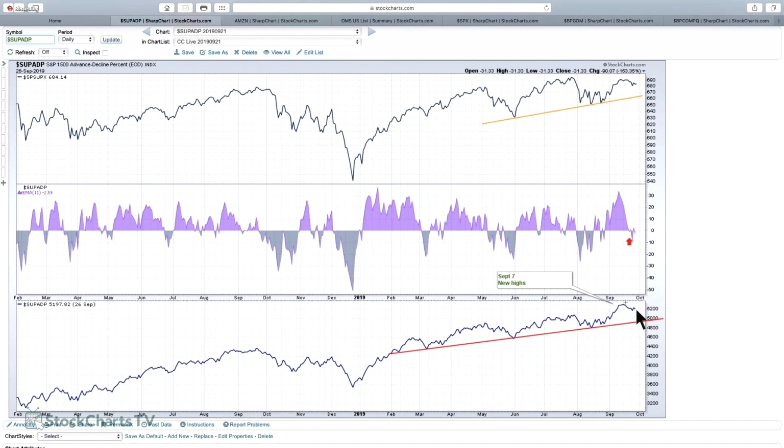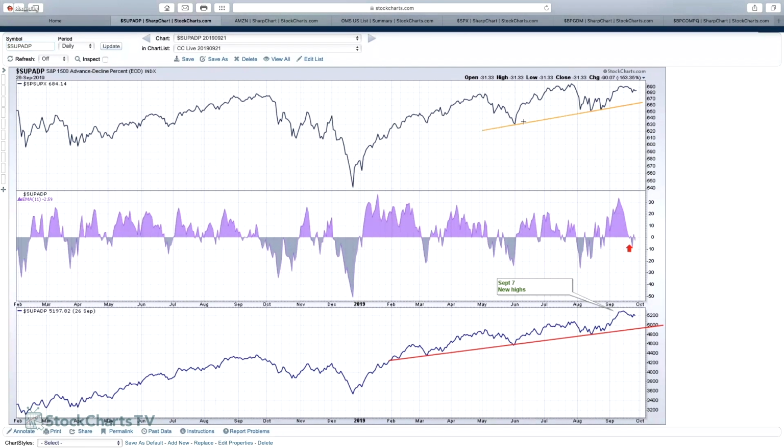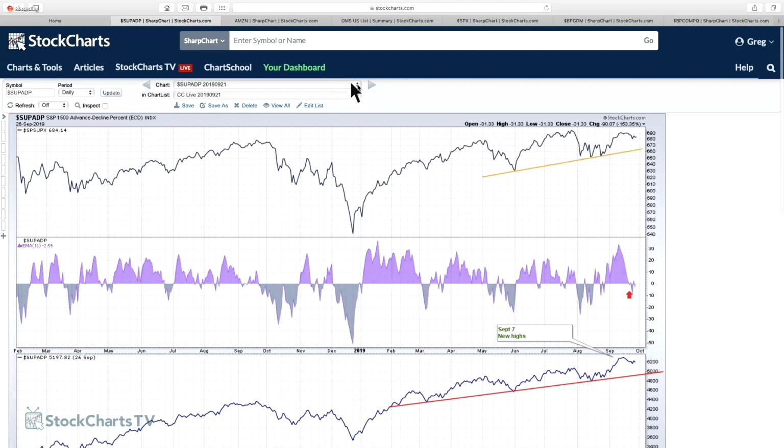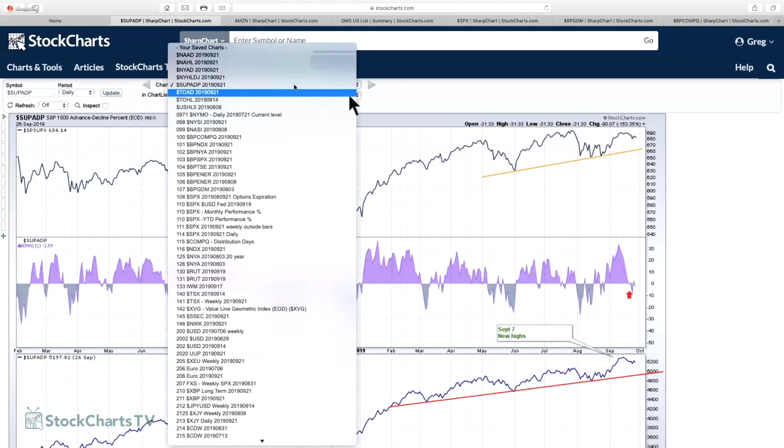If we use a moving average, you can see we're back below zero again. So we don't have a lot of thrust going on here, and that's the real problem. As we make this sort of right shoulder, if we're going to break to the upside, we want to start seeing a little bit more pressure from the advanced decline line. That was a percentage-based one. The other ones were the actual values.